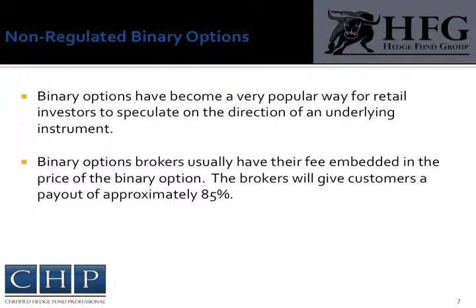The brokers will usually give customers a payout of approximately 85% while collecting 100% if you were incorrect. Given that these brokers do not lay off their risks and their positions in the marketplace, they make their money on the theoretical bid offer, which is that 15% that they do not give up.